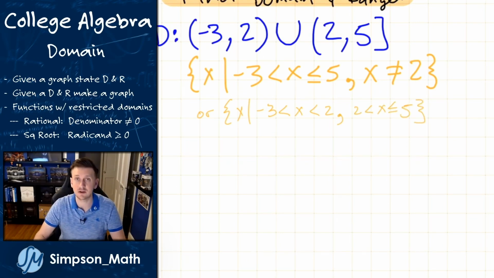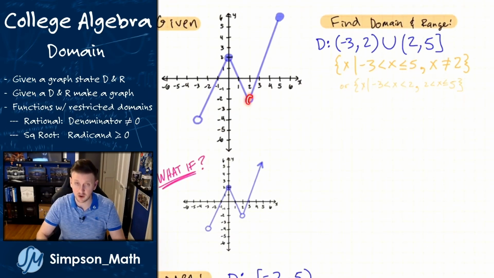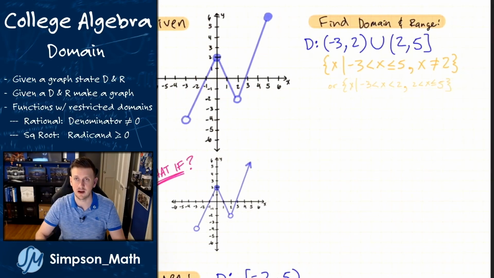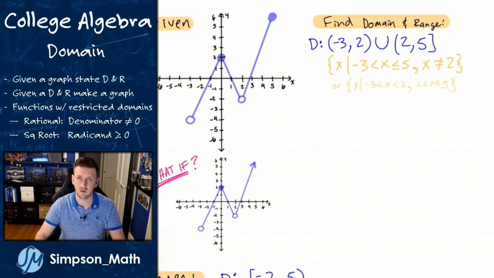So you can do that similar idea that we did with the interval notation and just break it apart. This would especially be useful if I had a piece of a function here, and then this piece with a large break in the middle, then you'd want to just separate them with a comma and have two separate inequalities.